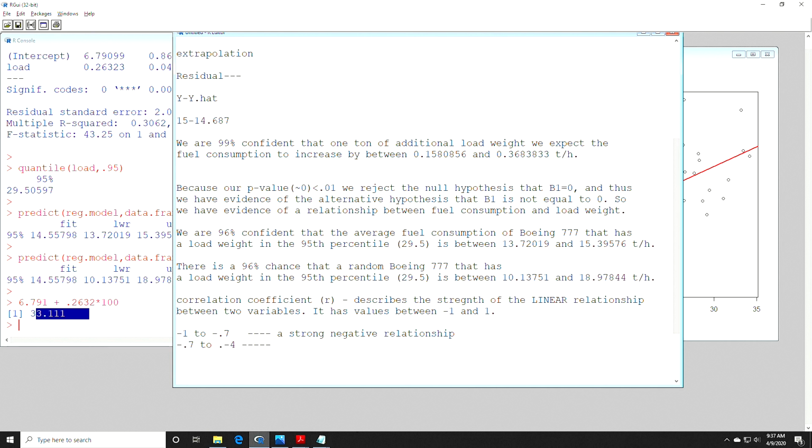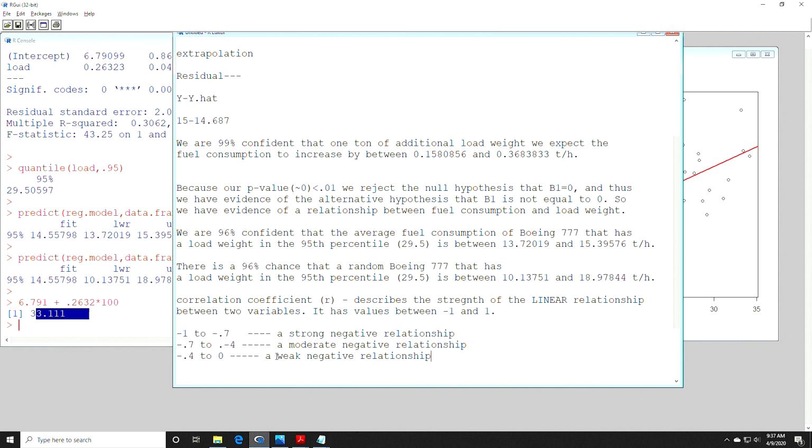From -0.7 to -0.4, I might consider that a moderate negative relationship. Again, negative just because it's negative, and the absolute values determine that it's moderate. Now, from about -0.4 to 0, we can call that a weak negative relationship.